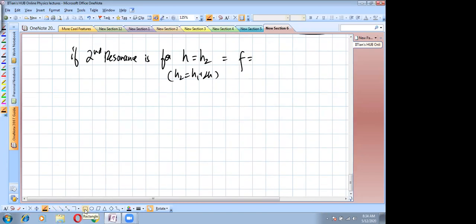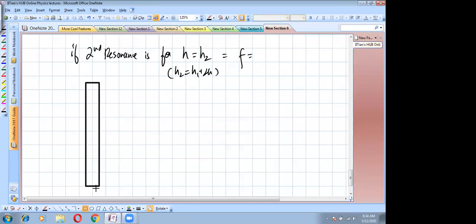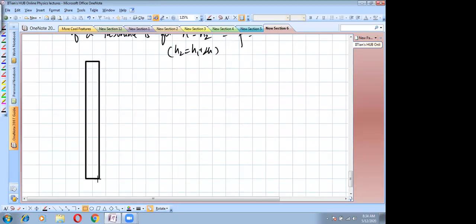If my original resonant mode for H equal to H1 was occurring for this side here, that was because at this height we had an antinode.